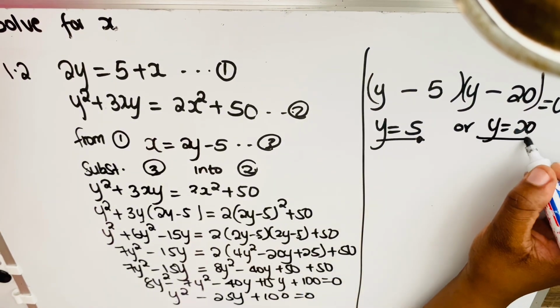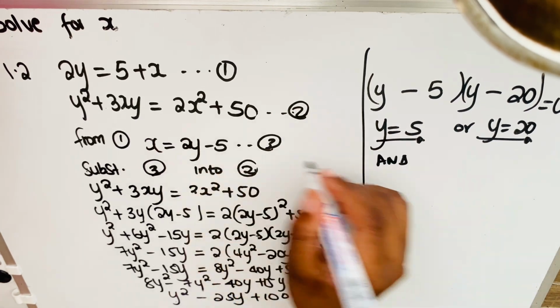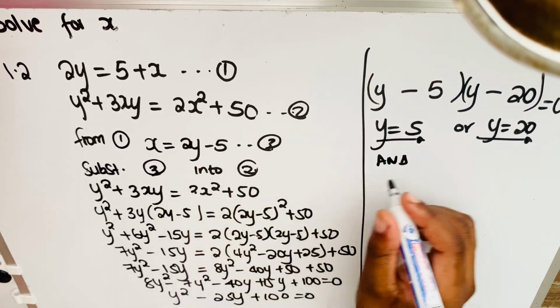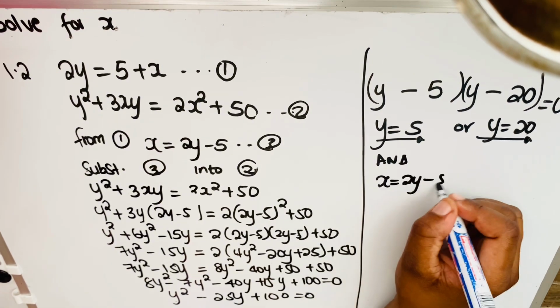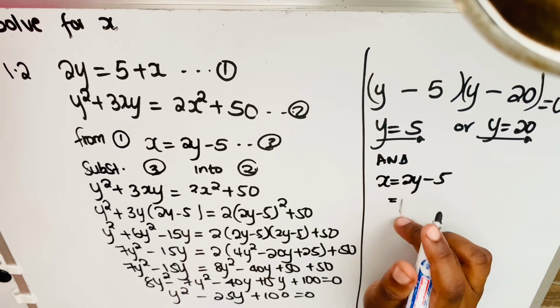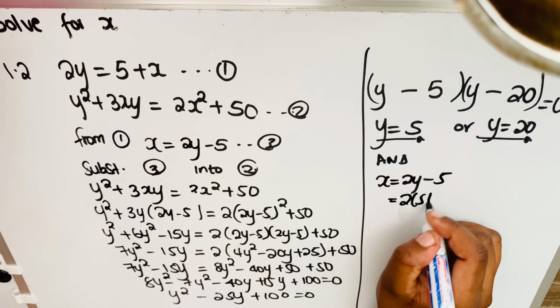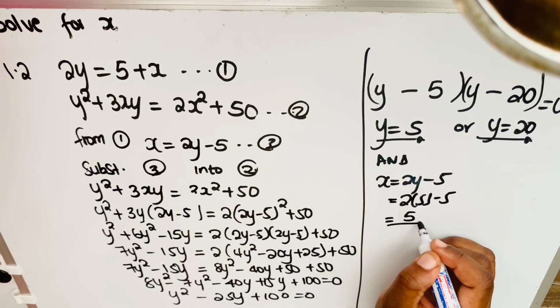Then we're asked to solve for x and y. I'll find the values of x from equation 3, x is equal to 2y minus 5. Substitute the values of y. This is 2 into 5 minus 5, which is 10 minus 5, then it gives us 5.